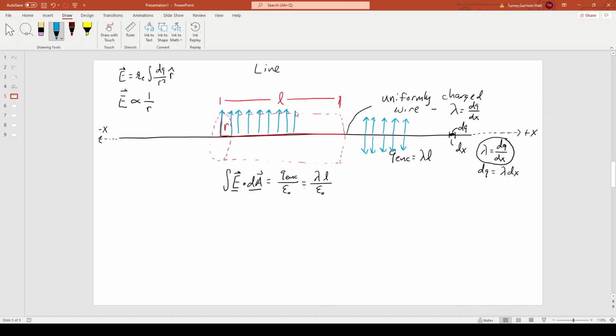They're going to pierce the surface all along this length.